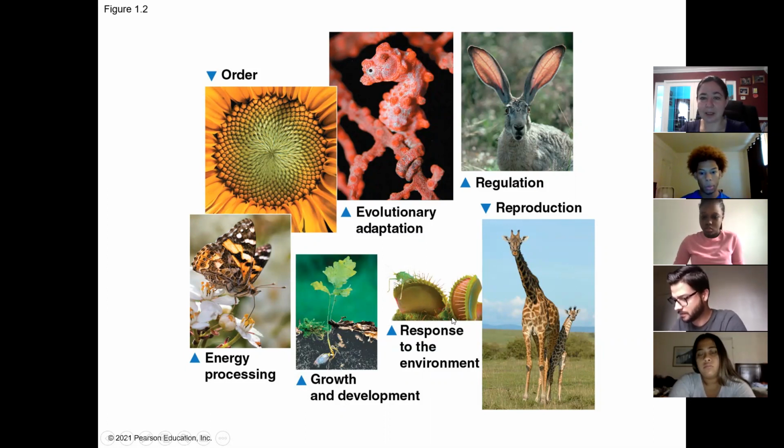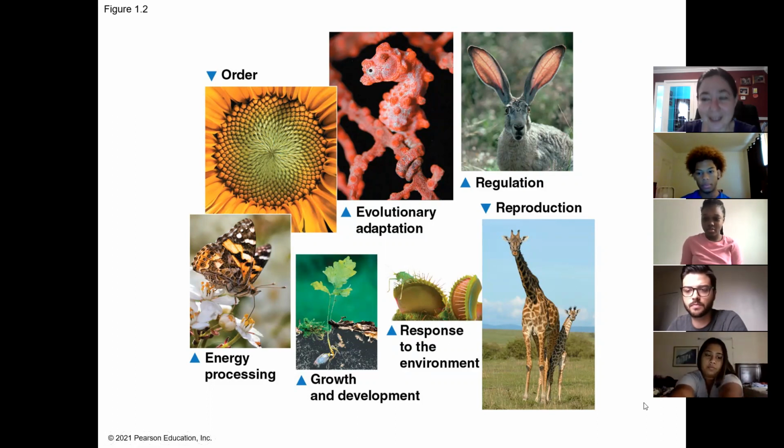Response to the environment. In terms of response to the environment, is anyone familiar with this plant? That's a fly dropper, I think. Absolutely. Which means these plants are carnivorous. They're carnivores, right?